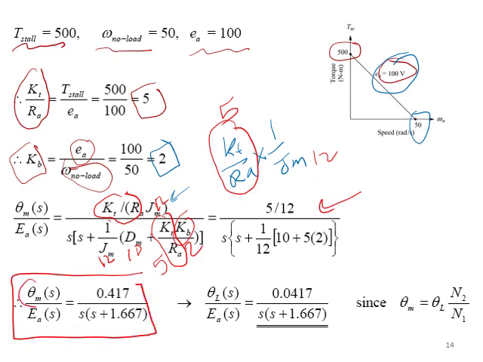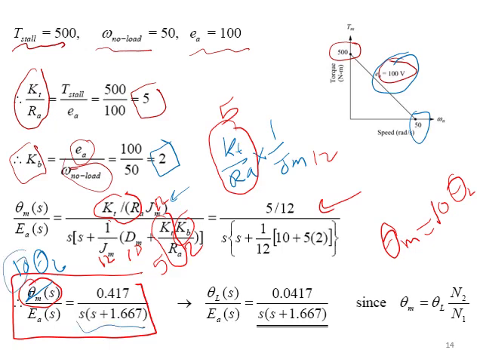But remember, this is theta m over Ea. I want theta L over Ea. How am I going to do it? We found earlier that theta m equals n2 over n1 theta L. That means it's equal to 10 theta L, which means I can replace this value by 10 theta L, which gives 10 theta L over Ea equal to 0.417 over the denominator.